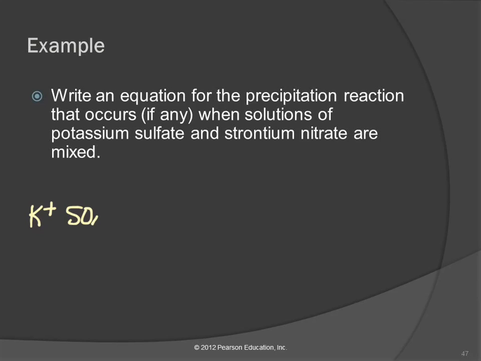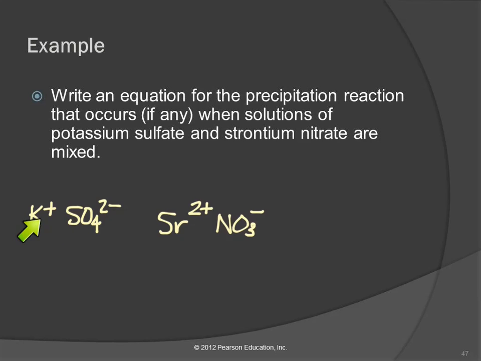It's SO4, 2-. And then strontium is Sr, and strontium is in group 2, so it's got a 2+ charge. And nitrate, we just looked at nitrate, NO3 with a -1 charge.